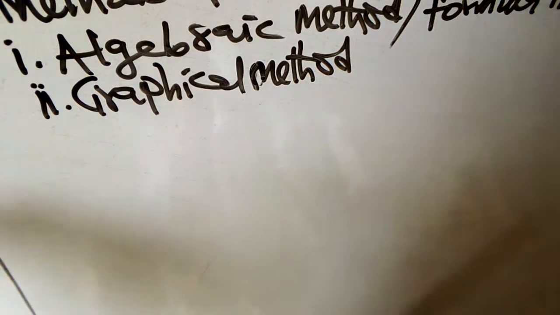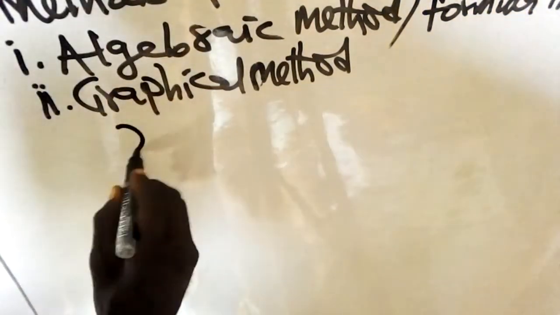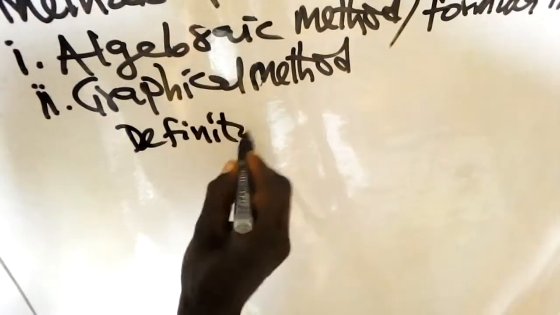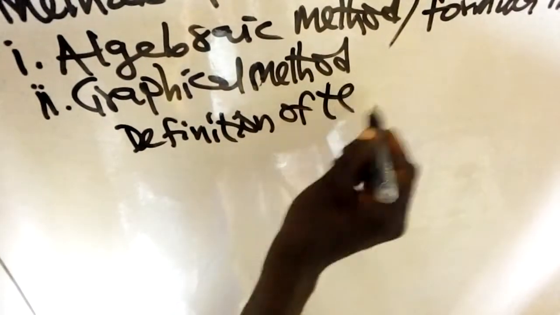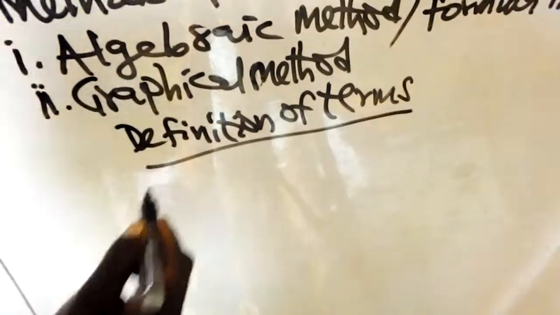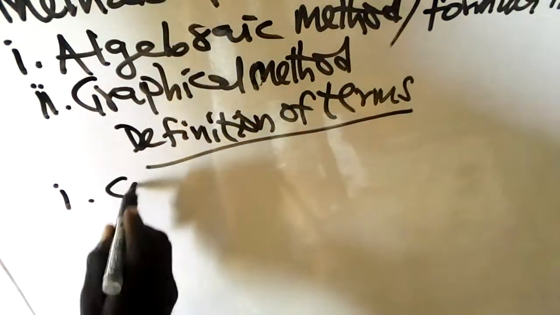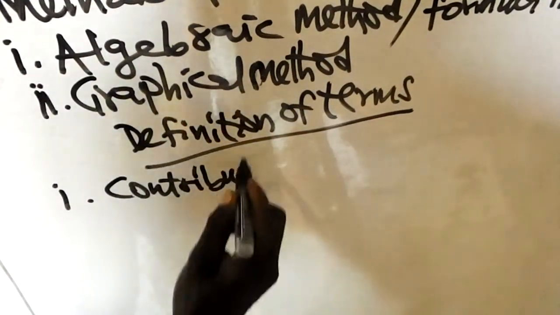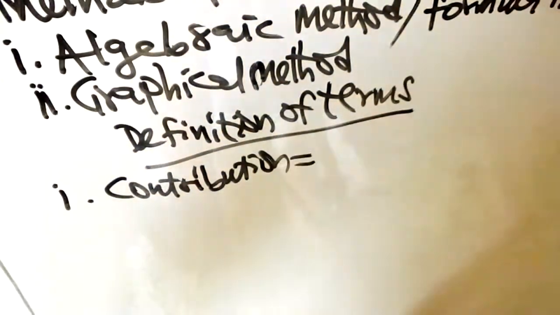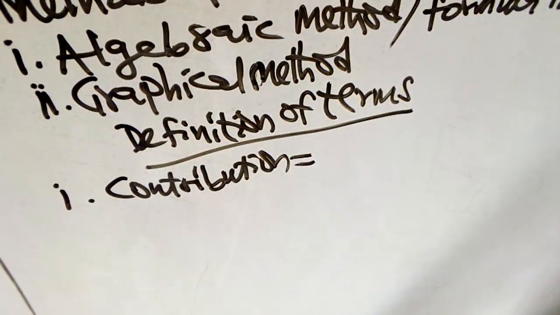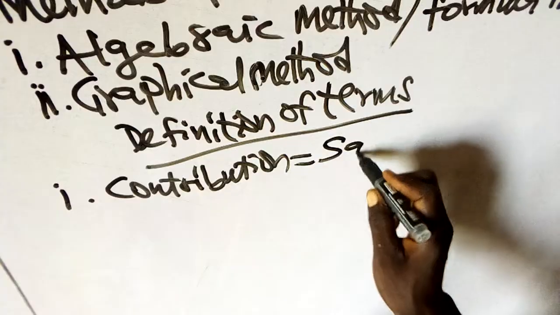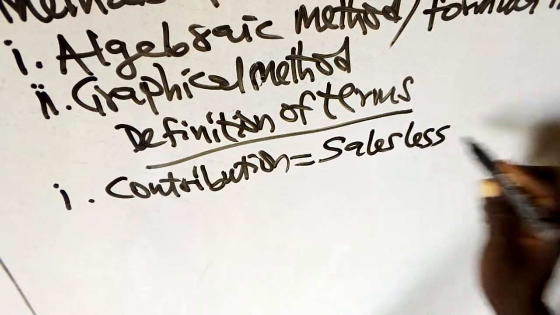Before I go into that, I want to define the terms which I'll be using in this lecture. Definition of terms. Number one is contribution. If you have watched my presentation on marginal and absorption costing, I said contribution is sales less variable cost.